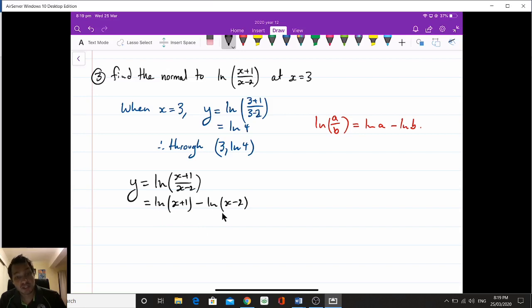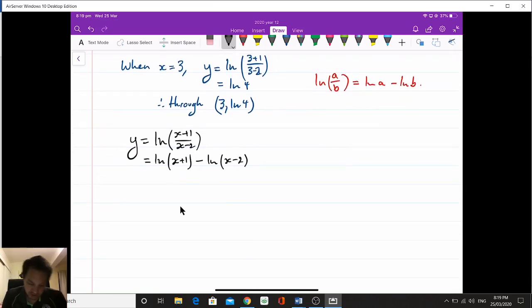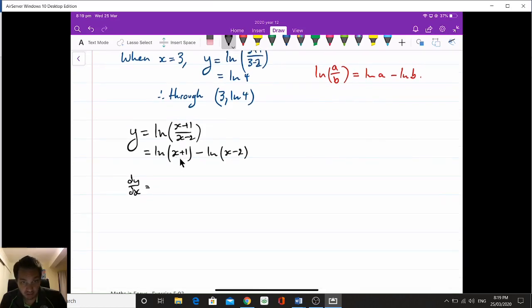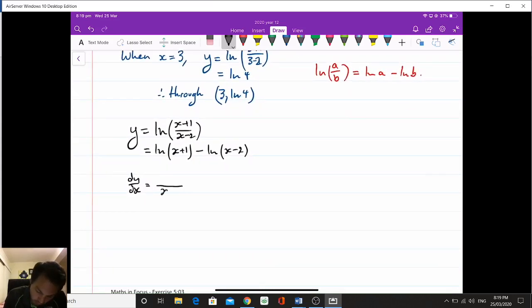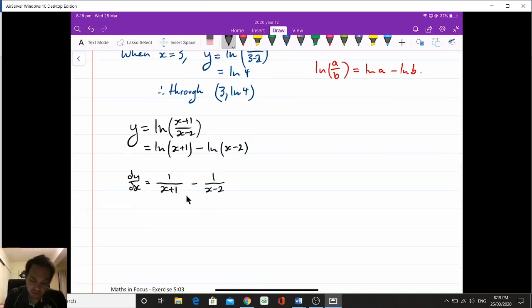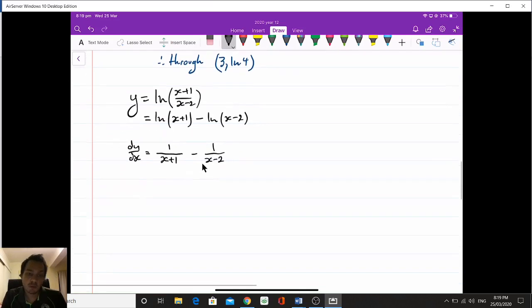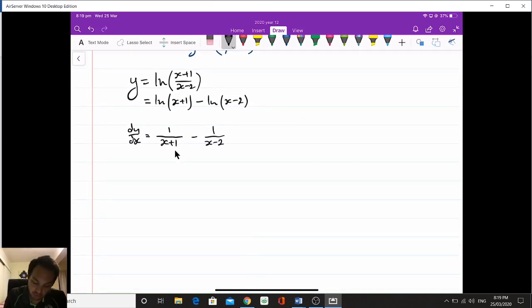Okay, so I will use these, and therefore dy/dx, let's just do them separately. For ln of (x plus 1), the derivative is the derivative of f(x), which is 1 in the numerator, over x plus 1 in the denominator, minus the other part, which is 1 over x minus 2 as well. I probably wouldn't leave it in this form. Even from the start of year 11, we wouldn't leave our answer like that. So I'll put them together.